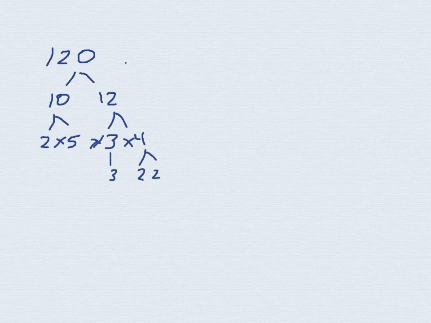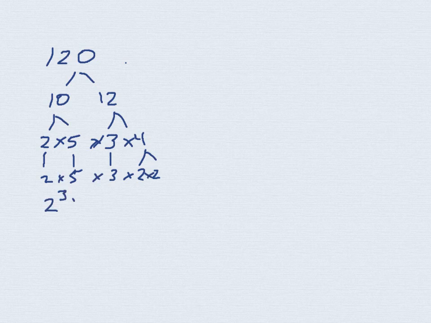So 10 breaks down to 2 and 5, and those are both perfectly prime. 12 is 3 and 4, or 6 and 2. Either way, you're not done. 4 has to break down again to 2 and 2. So your bottom line will always be just prime numbers. And then you might want to clean it up and write the first smallest prime number, which is 2.